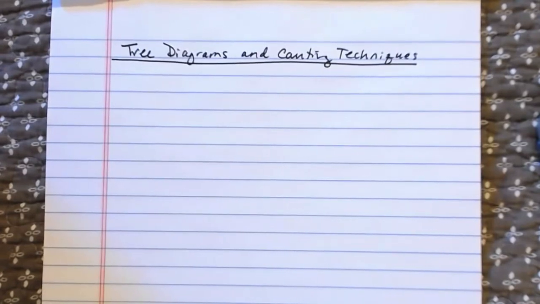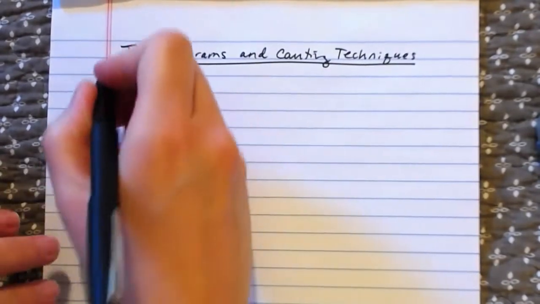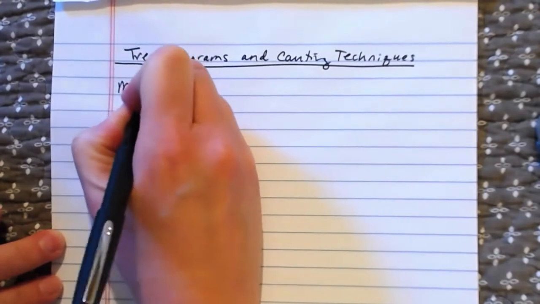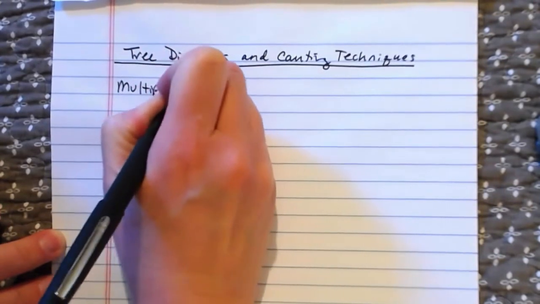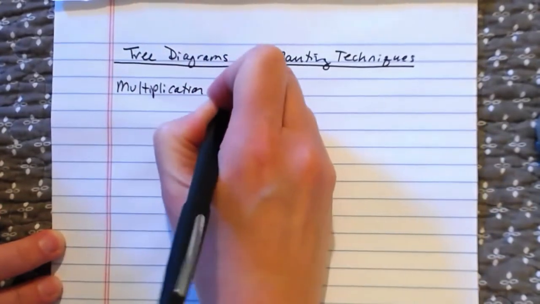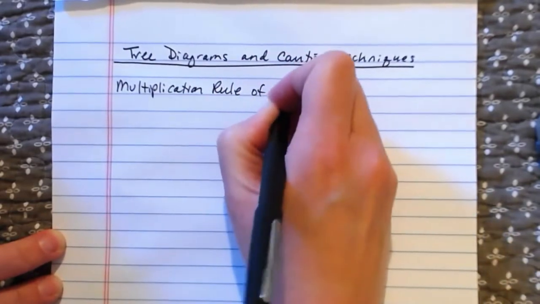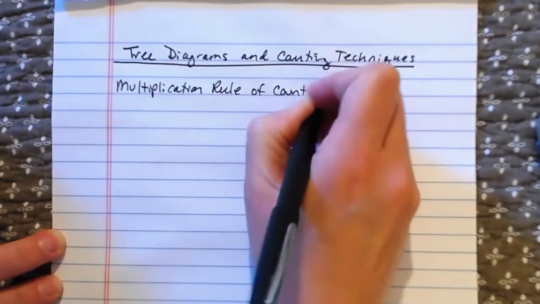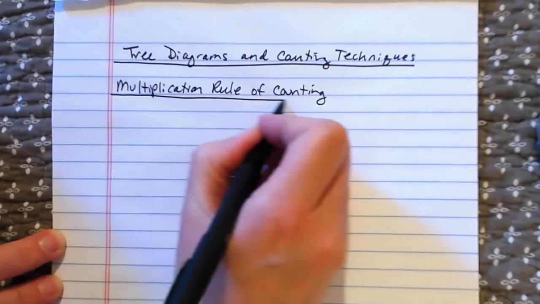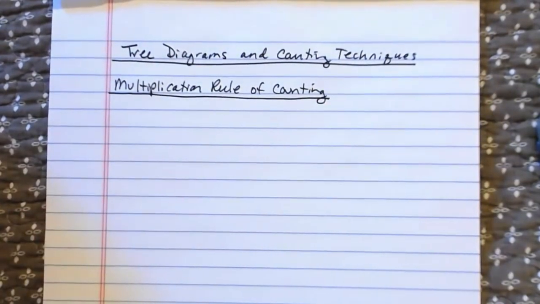Now, if we take a look at something called the multiplication rule of counting, this is one method for coming up with the total number of possible outcomes.